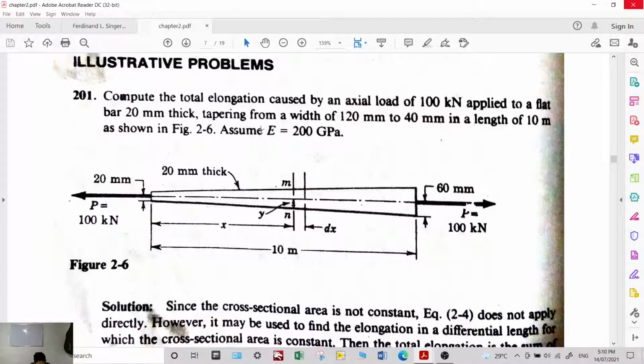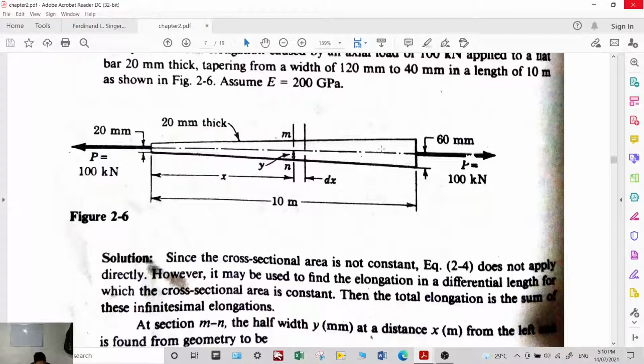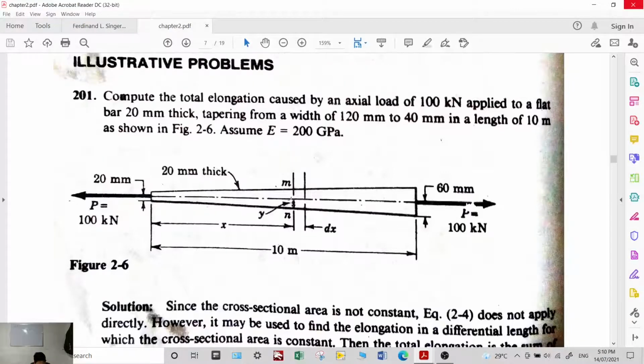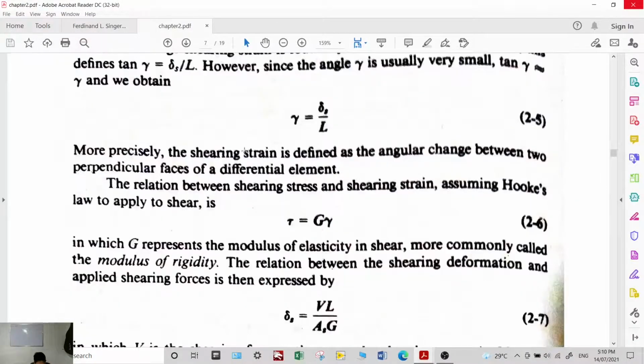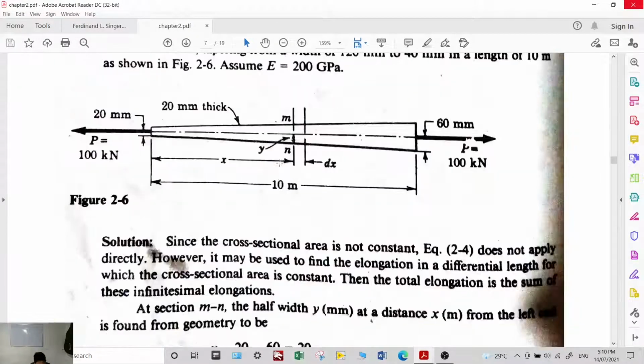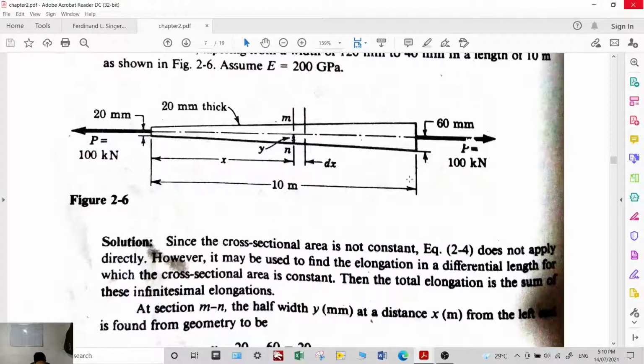We cannot directly apply the elongation formula, delta equals PL over AE, because this is not a constant cross-section. As what we have discussed, our assumptions apply to a constant cross-section. Okay, so what we will do is we will get a small strip here.